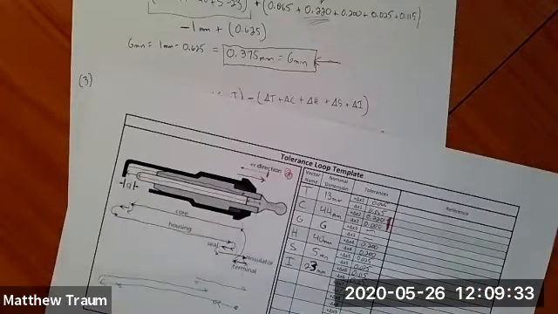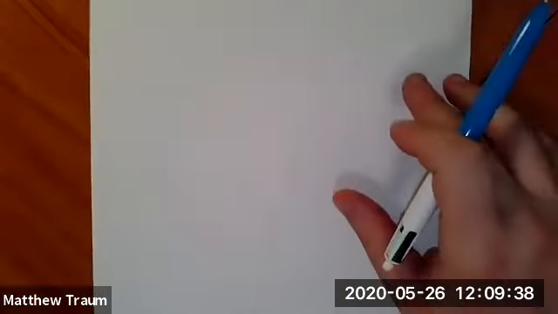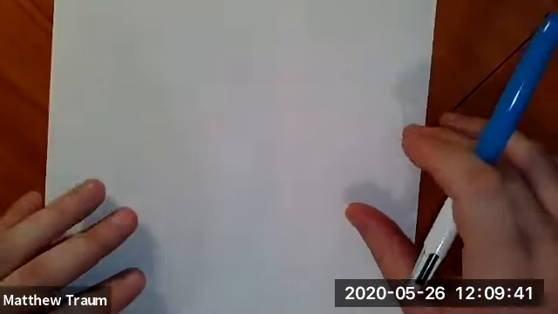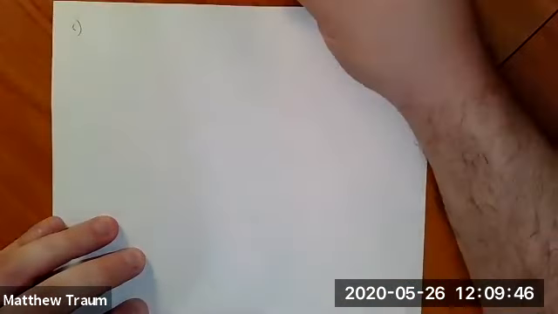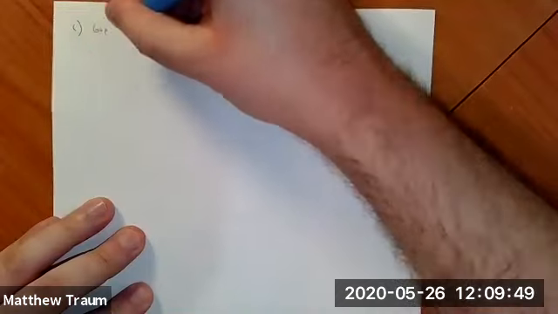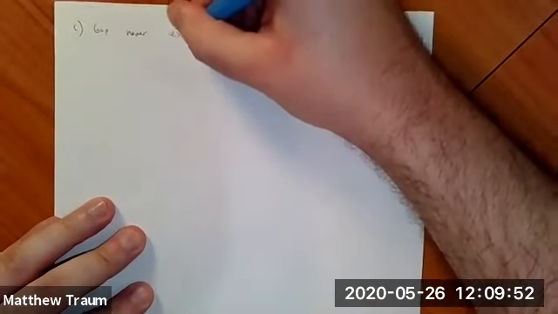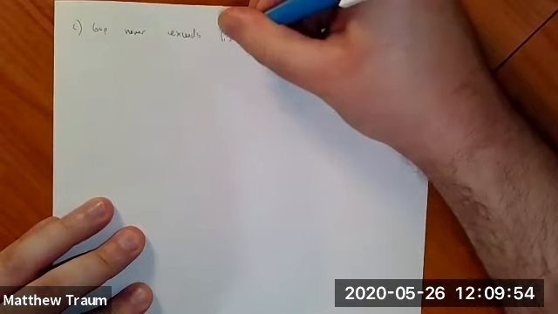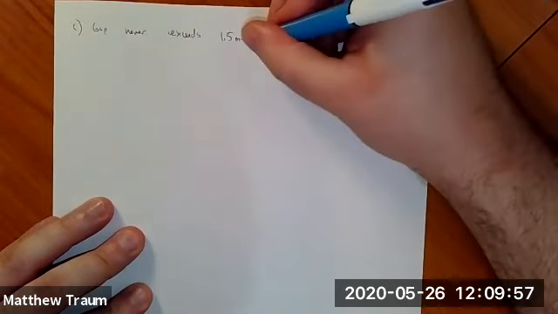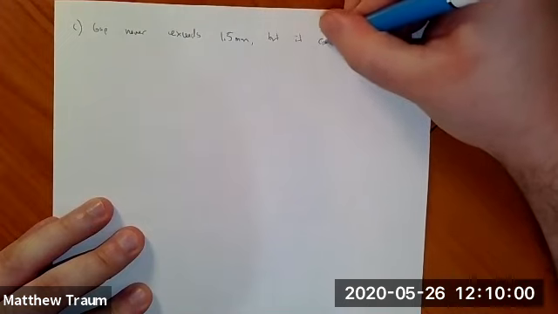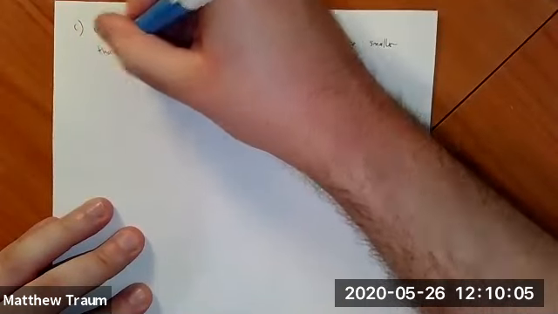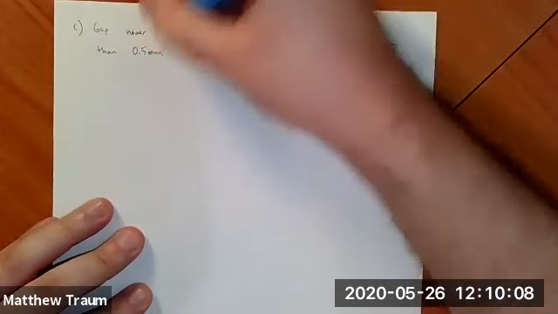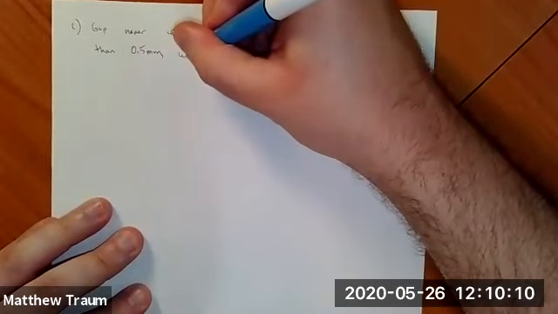Let's get a fresh sheet of paper. So for part C, we know that the gap never exceeds 1.5 millimeters, but it can be smaller than 0.5 millimeters, which causes misfire.